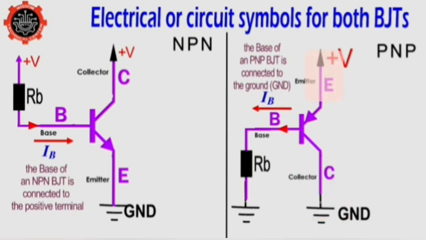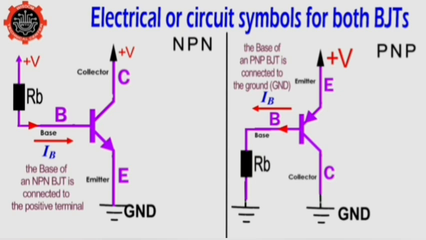The emitter of the PNP transistor will typically go to the positive terminal of the power source, and the collector of the NPN transistor goes towards the positive of the voltage source. The base of an NPN transistor also goes to the positive voltage source. Meanwhile, for the PNP transistor, the base goes towards the ground.